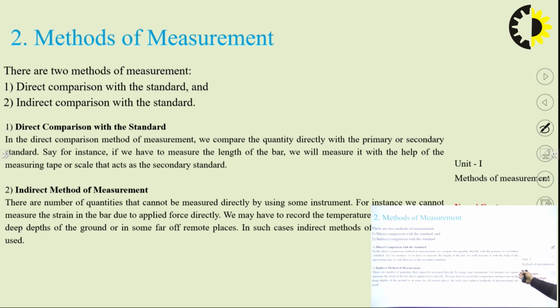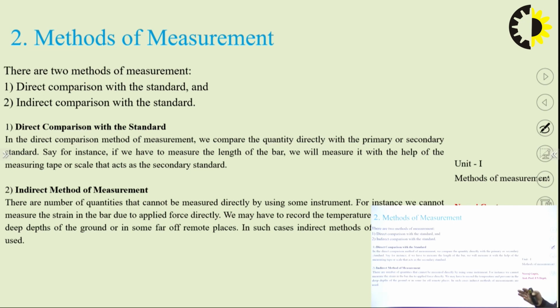For instance, we cannot measure the strain in a bar due to the applied force directly. We may have to record the temperatures and pressures in the deep depths of the ground or in far off remote places. In such cases, indirect methods are utilized.